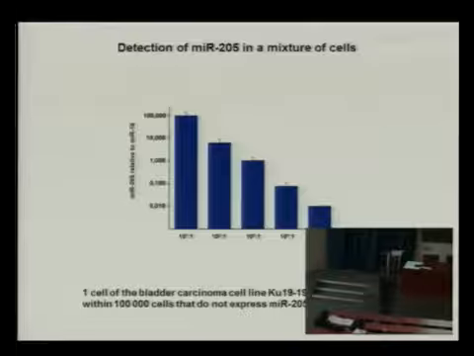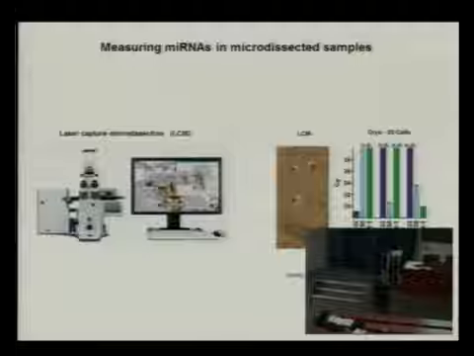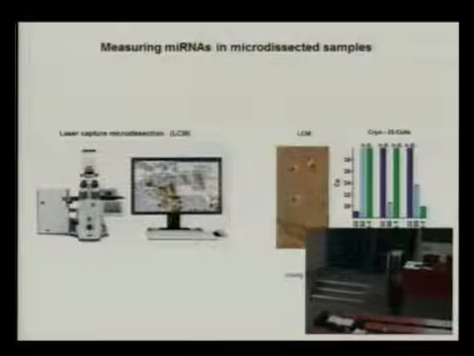Then the other thing that we did is we used laser capture microdissection, and I used 3 different microRNAs that I knew were highly expressed, the 122 in the liver cells, the 150 in the spleen, and the microRNA 1 in heart and muscle tissues.